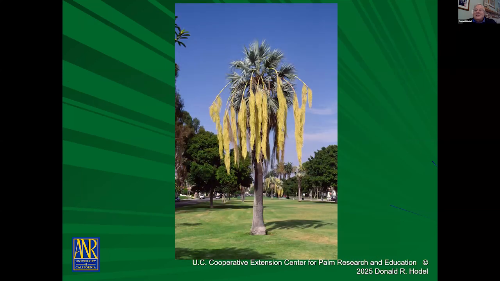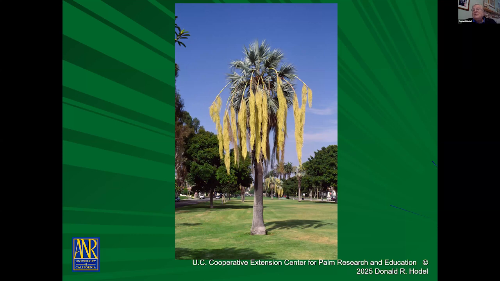And inflorescences, like I said, they're aggregations of small flowers and potentially later small fruits. And there are relatively few inflorescences per palm. And so with a few timely cuts, all of one year's worth of potential flower and fruit litter can be removed from the palm before it falls into the landscape.